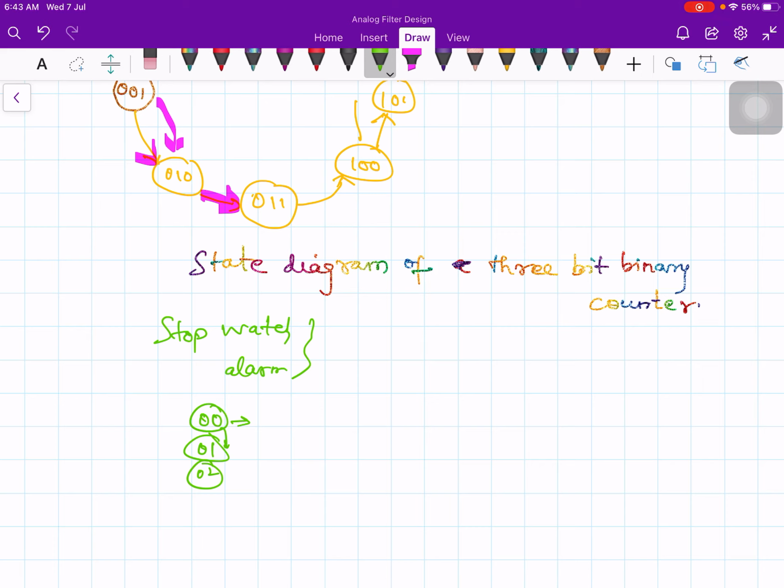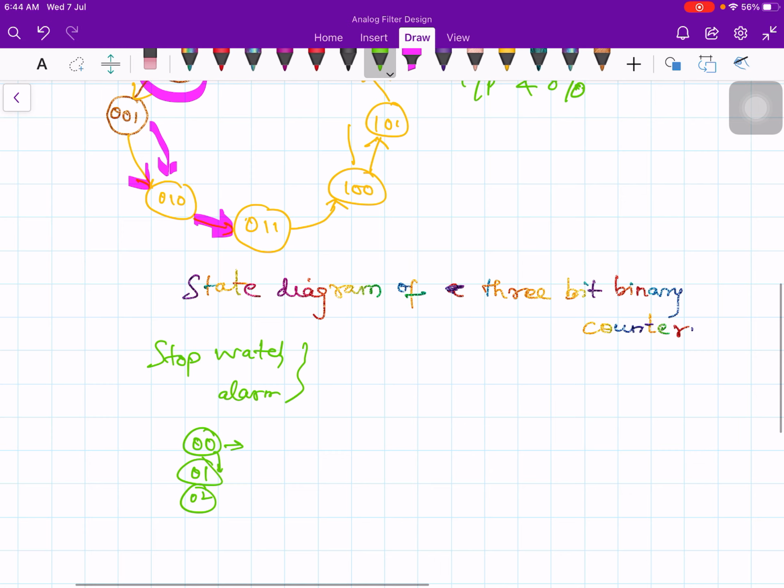But counters are slightly different from the conventional sequential circuit, in the sense that the state itself I am going to use. Therefore we don't have input and output values as in the other sequential circuits. Please remember that.